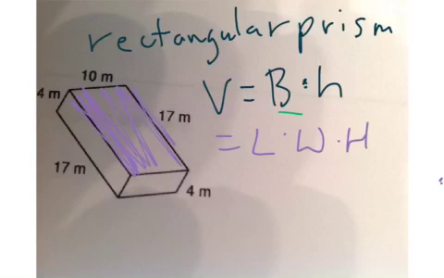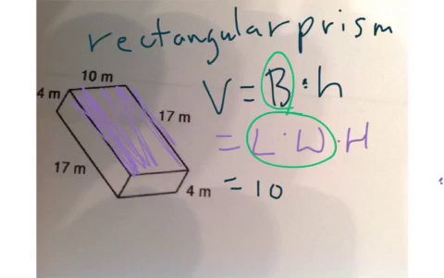But I just want to point out that length times width is really our big B. Okay, so finishing up the problem, this one's real simple. Isn't our big B 10 times 17, or 17 times 10, and our height, notice, is 4. Again, the thickness of that box is 4, right?